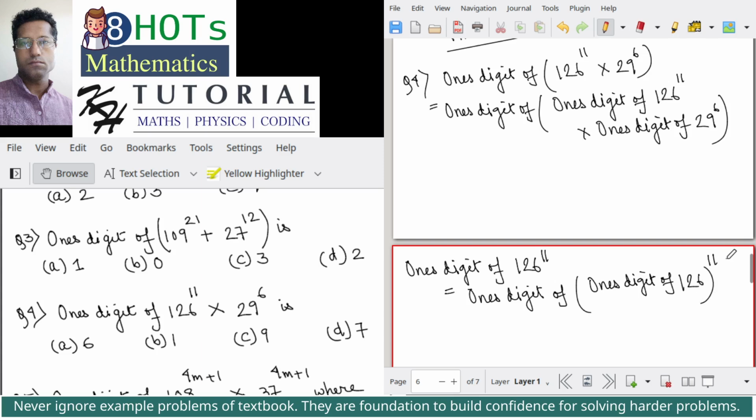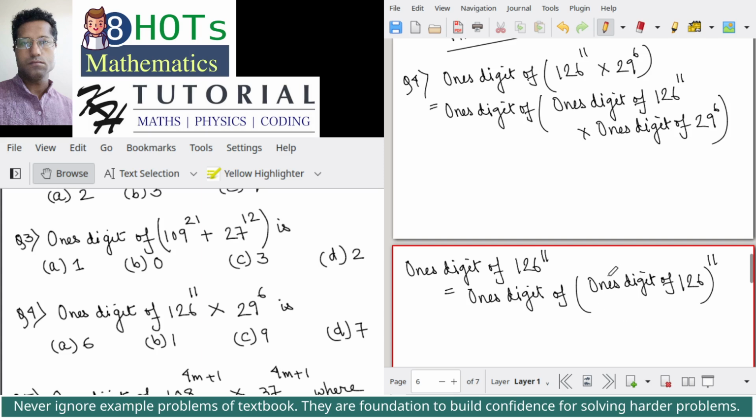For any number a to the power n, you take the power of the ones digit of a, and whatever that value is, that value's ones digit will be the answer.